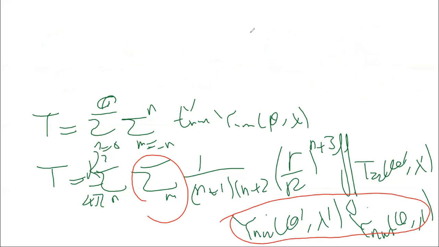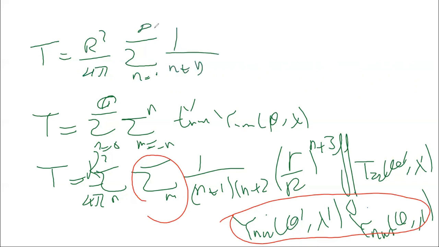So I write the potential at the boundary will be R squared over 4 pi, summation n from 0 to infinity, 1 over (n plus 1)(n plus 2), R over R to the power n plus 3.